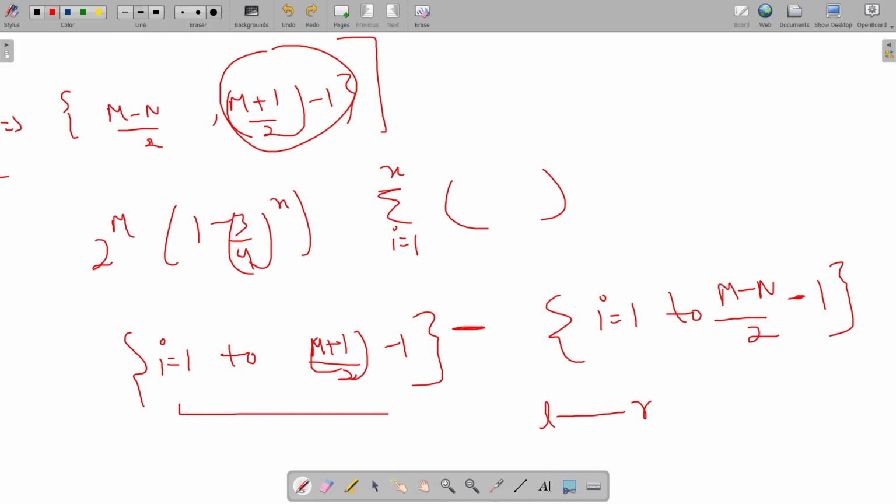So the sum till R will look something like this. The sum till L minus 1 will look something like this. Okay.